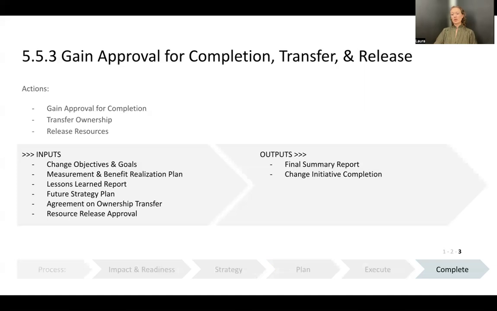All change resources should be released and made available for other change efforts. Here, your inputs include change objectives and goals, measurement and benefit realization plan, lessons learned report, future strategy plan, agreement on ownership transfer, and resource release approval. Your outputs will include the final summary report and the change initiative completion.